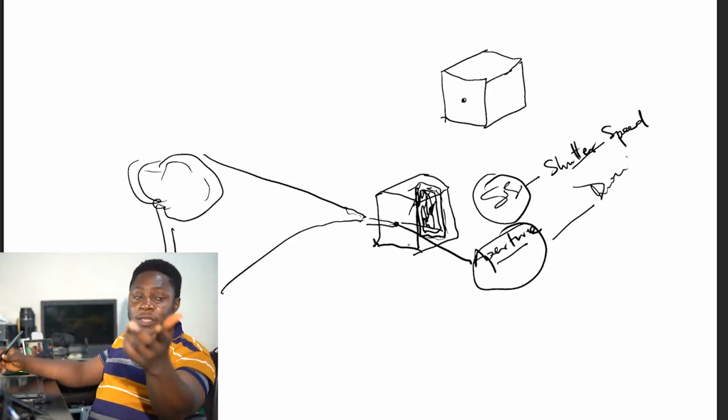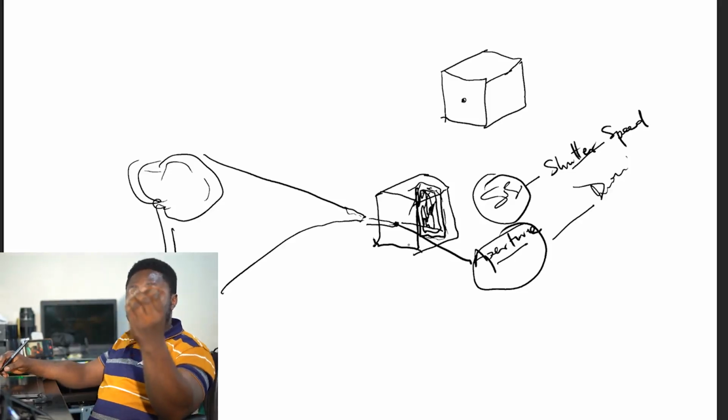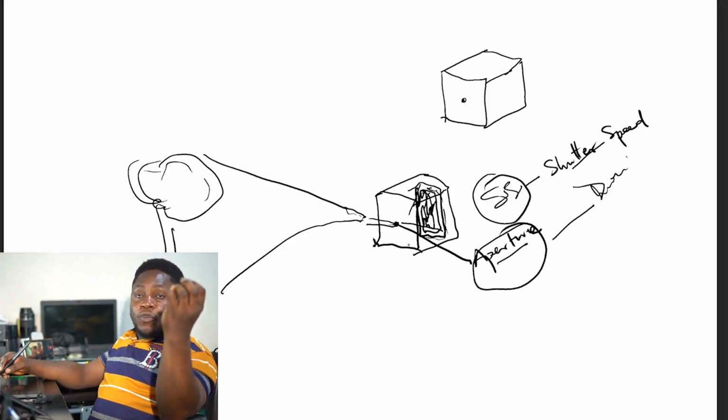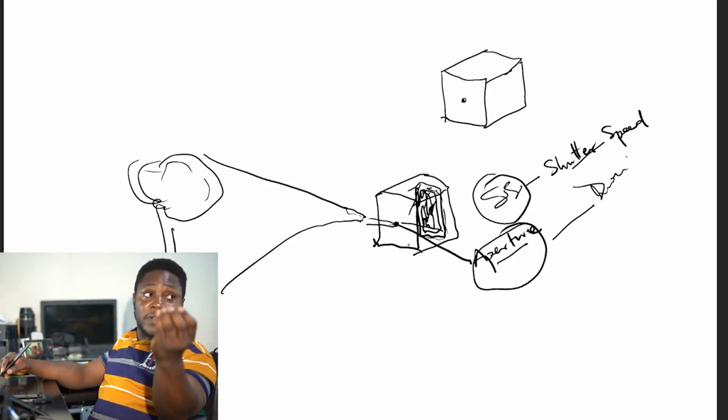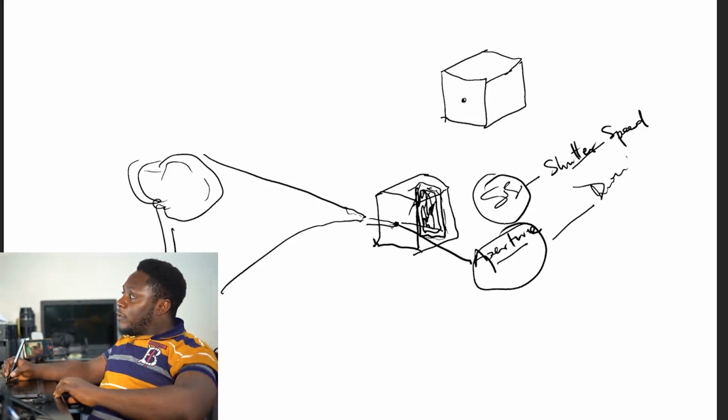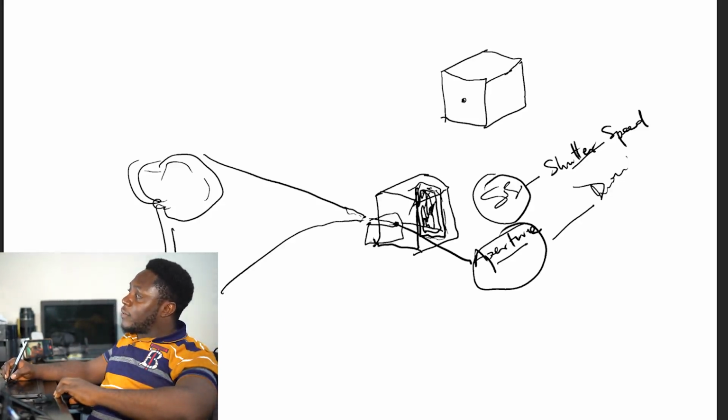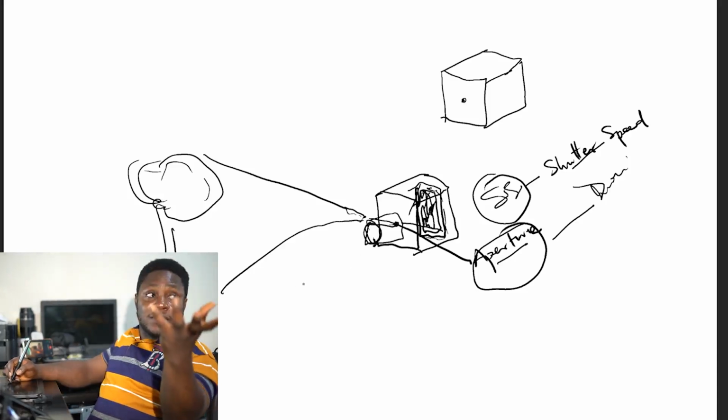Unlike today's cameras, where you have the opportunity to control the aperture. You can widen it or narrow it. The pinhole camera doesn't have a lens, so it is difficult to project objects.